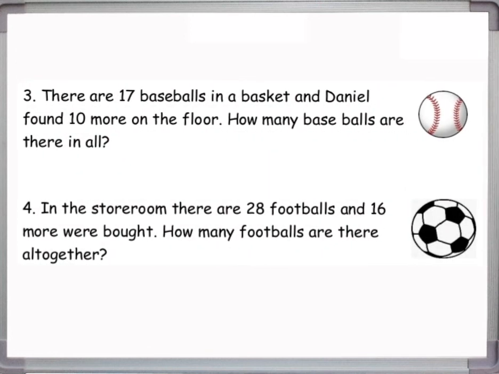Number 3. There are 17 baseballs in a basket and Daniel found 10 more on the floor. How many baseballs are there in all? Number 4. In the storeroom there are 28 footballs and 16 more were bought. How many footballs are there altogether?